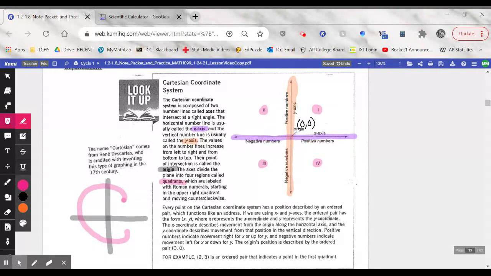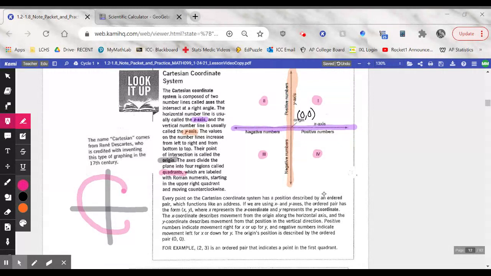Every point in the Cartesian coordinate system has a position described by an ordered pair, and you're going to use the x and y axes to help you figure out the exact placement for your ordered pair. So on your x-axis, from the origin, if you have a placement to the right, it's a positive number.